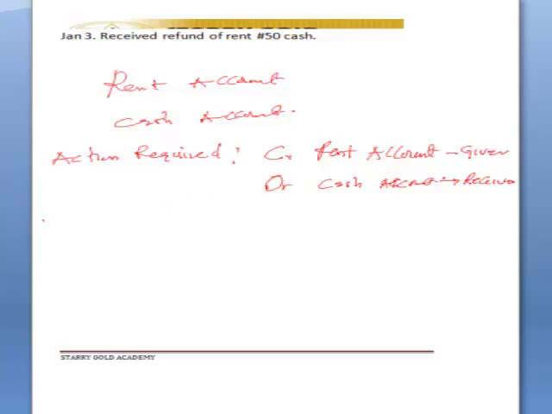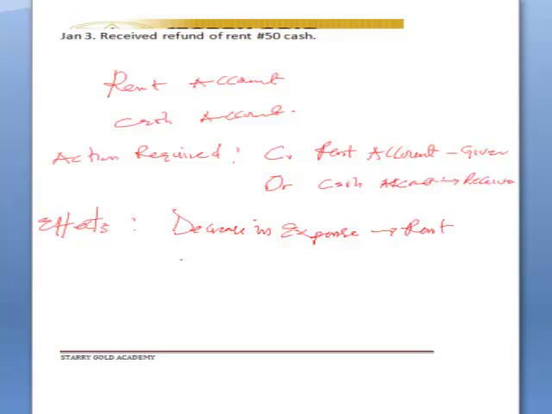As a result, what will be the effect of this on the financial statement? There is a decrease in expenses, and the expense here is rent.